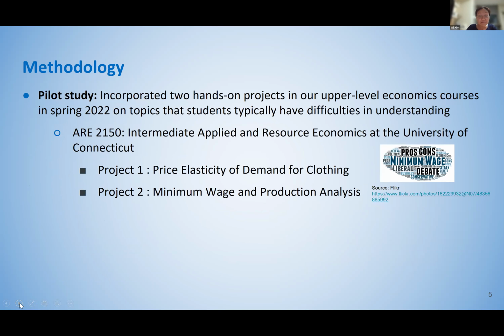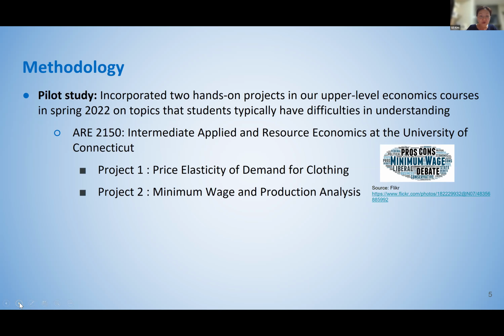So here goes the methodology. Please note that this presentation is based on the pilot study which we conducted in spring 2022. We incorporated 2 hands-on projects in our upper-level economics courses for topics that students typically have difficulties understanding.